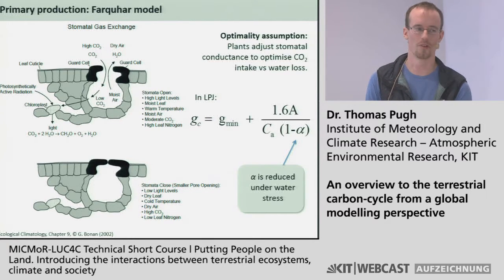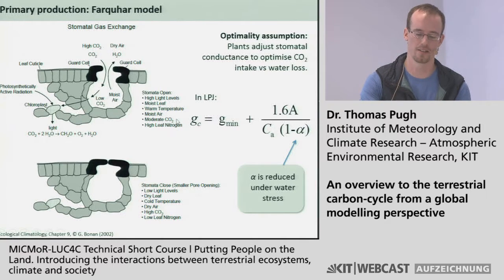Plants don't always do what's optimal, or they probably do what's optimal, but they're taking into account many other things, which make these assumptions a little bit uncertain in many cases. But the way we typically model this exchange of CO2 and moisture is to say that the plants optimize the stomatal conductance so that they get the maximum CO2 intake versus an acceptable amount of water loss.